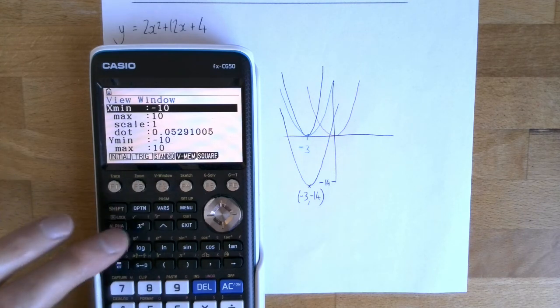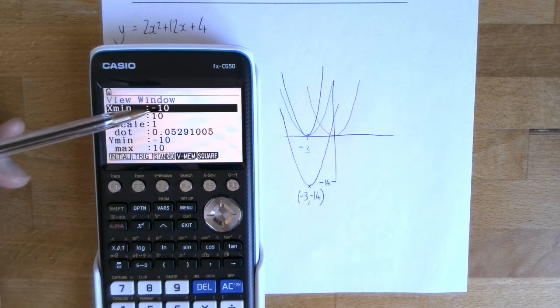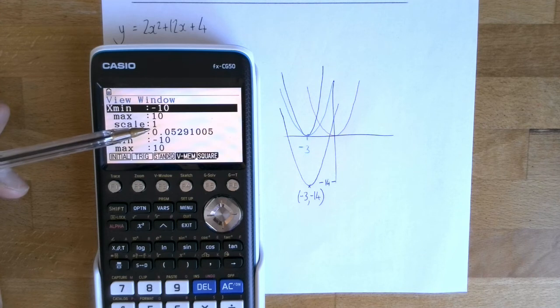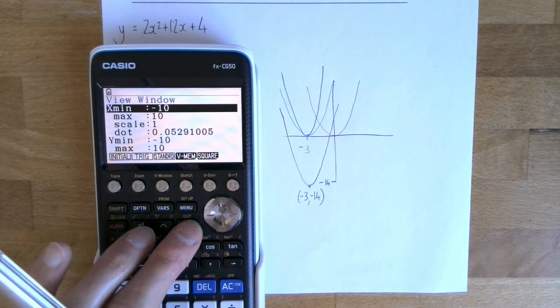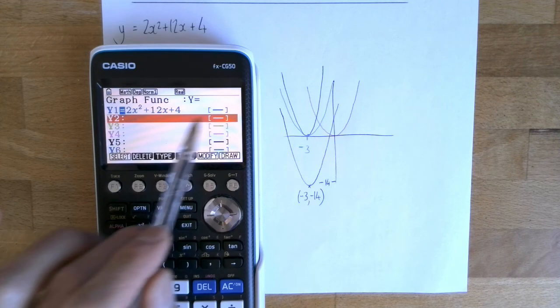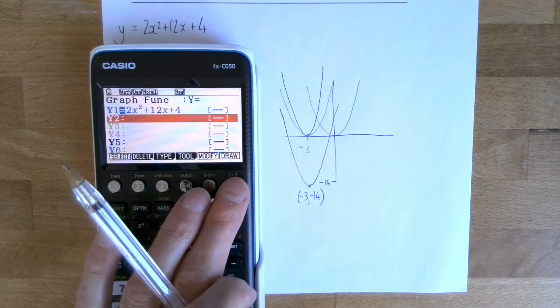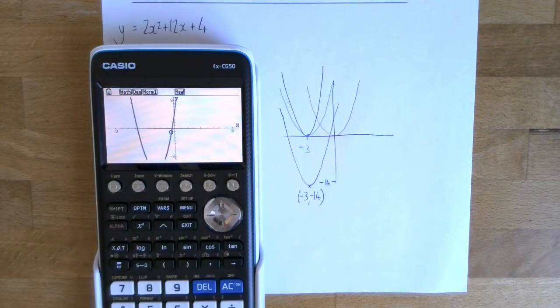So I'm going to select standard, and that's gone from -10 to +10 in both the x direction and the y direction. Remember the dot function, just leave it. The scale is how often you get the tick marks. So I'm going to exit from that to get out of that page. Annoyingly, it takes me back to that page, so I have to then go to draw again. Now I can see it.